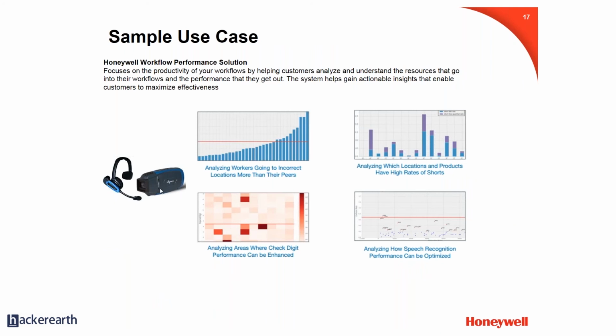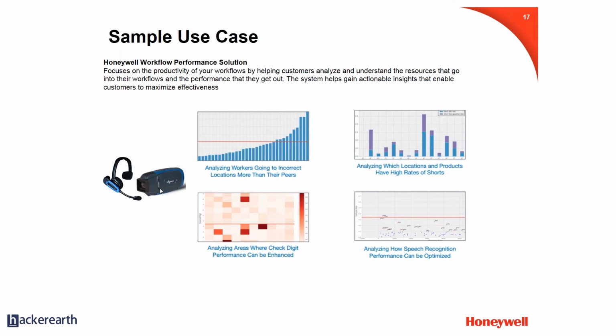So towards the end, I'd just like to talk about one example. In the previous slide, I talked about the insights one could draw just from the data on the device. Honeywell has a workflow performance solution with voice headsets. Some workers in warehouses have their workflow decided and laid out in front of them.